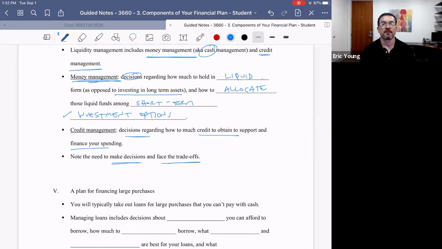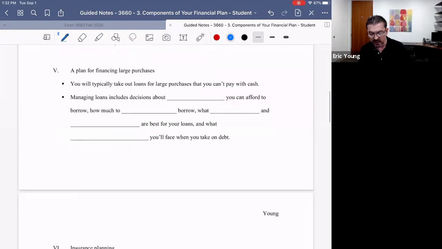But the trade-off is, especially given today's damn near zero interest rates on short-term savings, every dollar that you opt to keep liquid in a checking or savings account, for example, is going to earn you damn near no interest, as opposed to if you had put that money in an S&P 500 fund or a stock market fund, and that money could have grown. So there's a decision and there's a benefit and cost, okay? Your job when you make your liquidity decisions is to be thinking about that risk, reward, benefit, cost trade-off, okay?